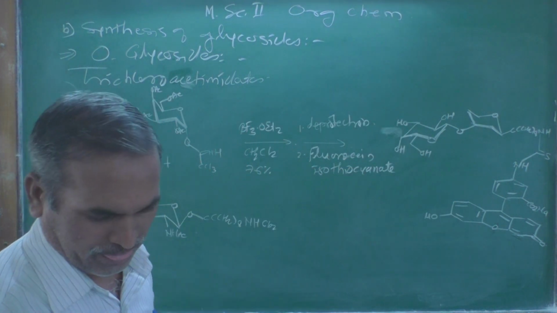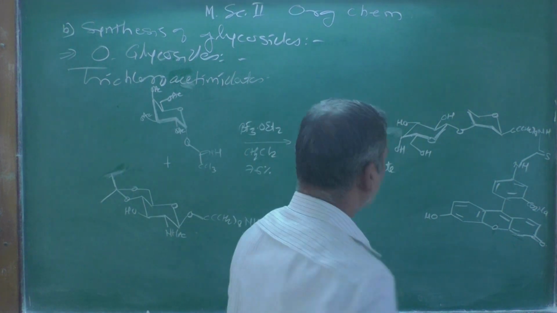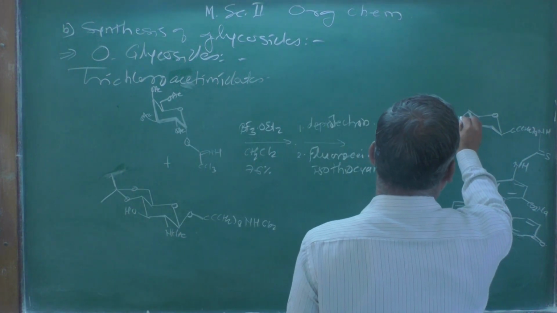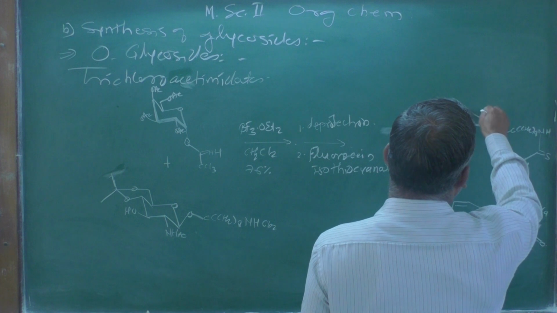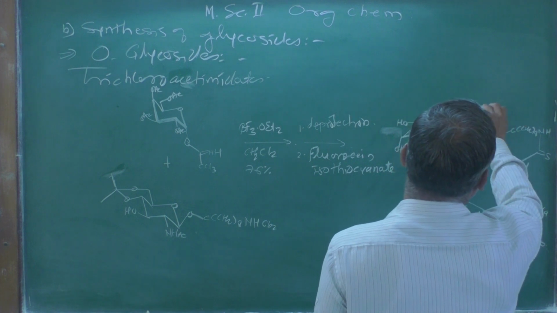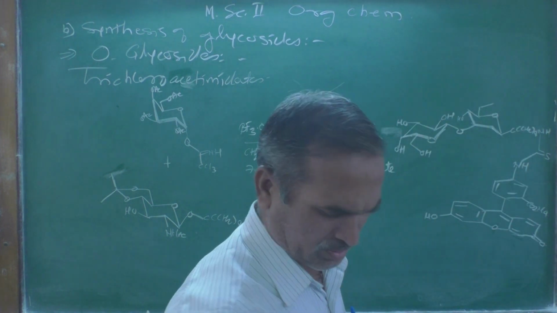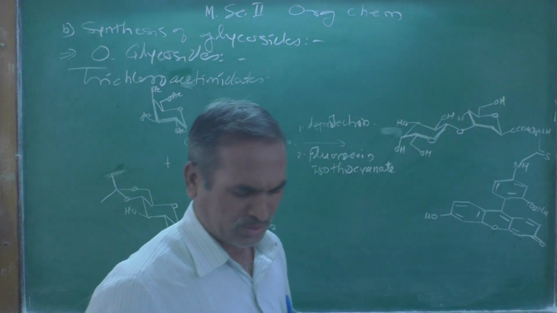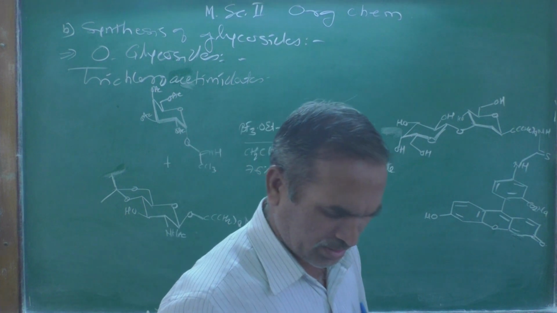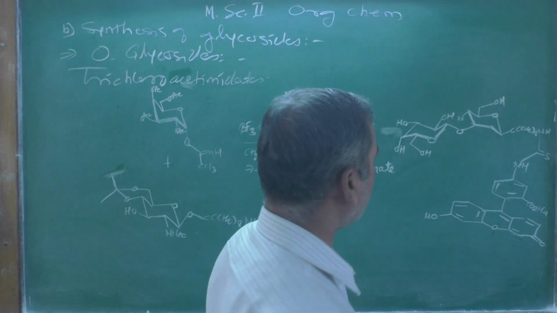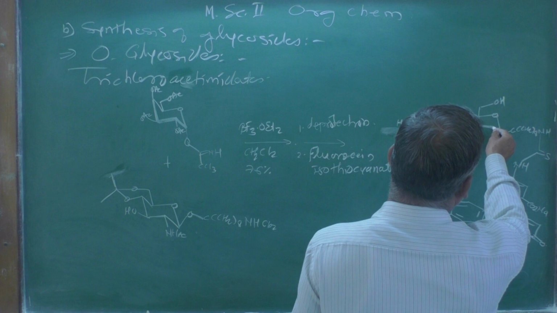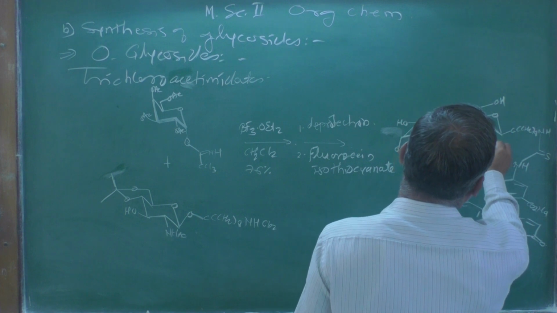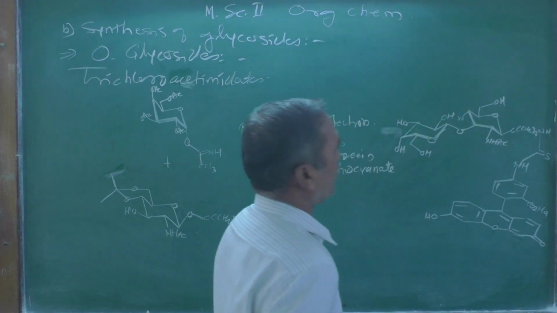So this is the compound which we got here, and now here the hydroxy group will be represented like this, and here is an NHAc, here again an NHAc. This is a protected group.